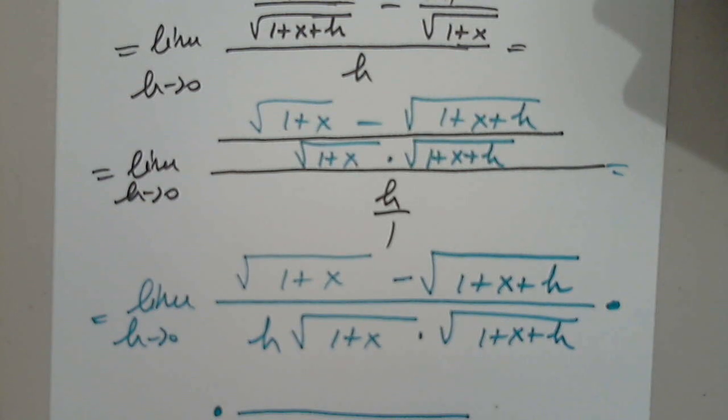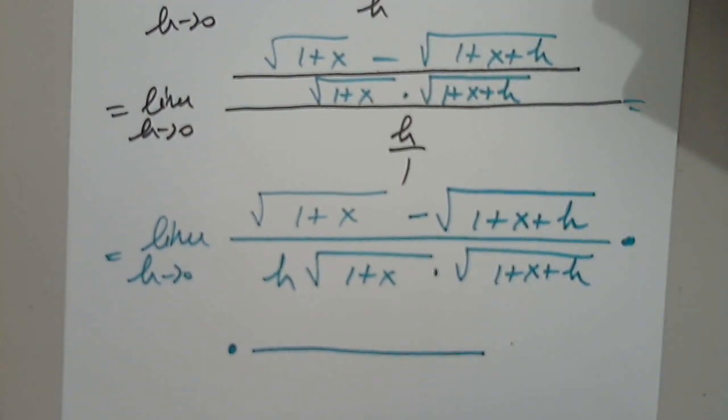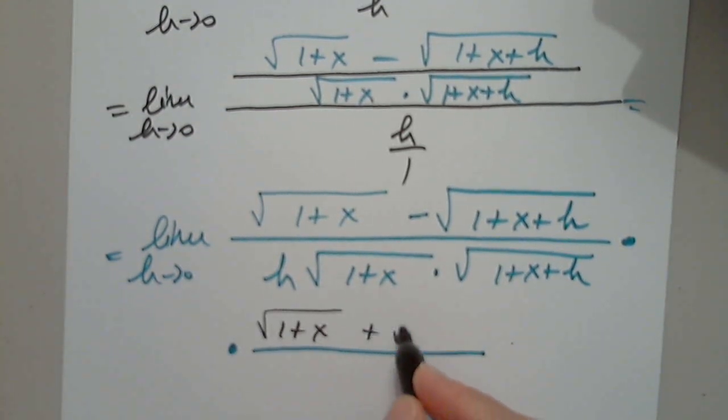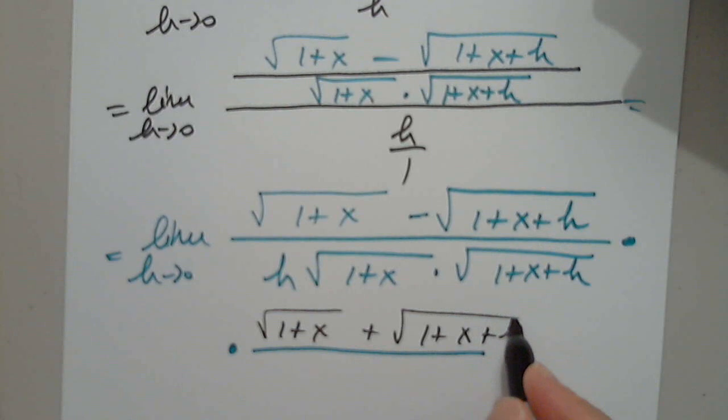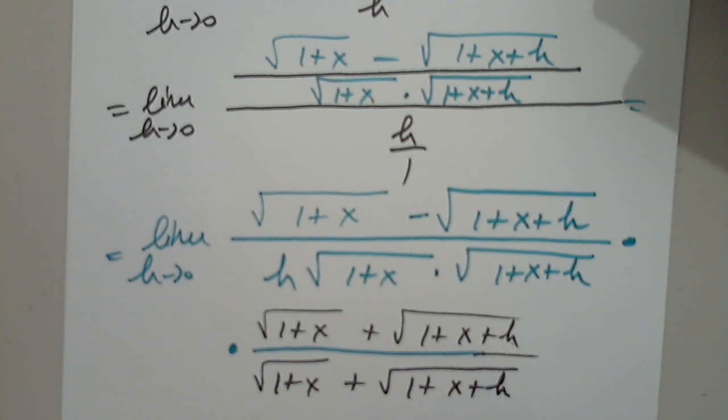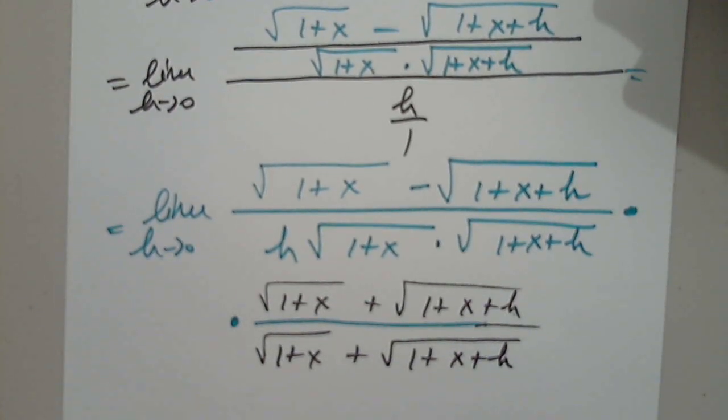What will that quantity be? Square root of 1 plus x plus square root of 1 plus x plus h. Thank you very much. And they have to be the same. If they are not the same, we changed the problem. That's why they have to be the same.